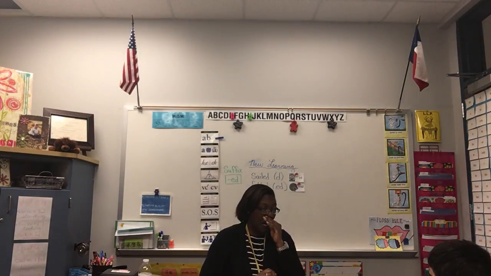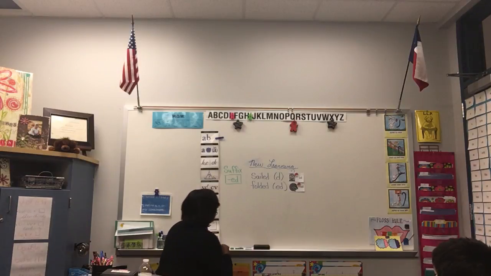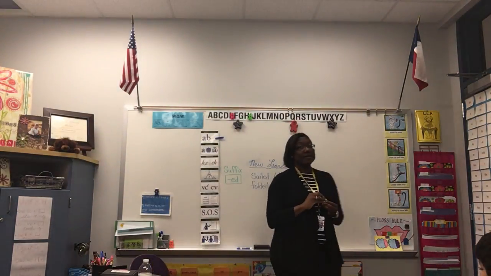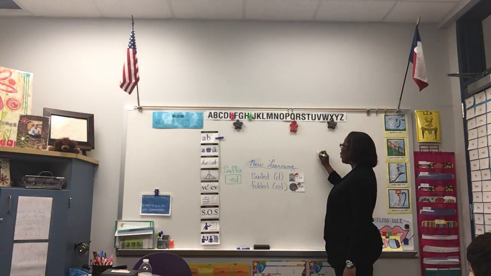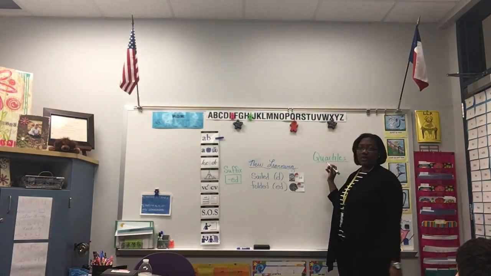Very good. All right. Now let's move on to a little practice with some dictionary skills. So we know our little mnemonic for our quartiles, right? Let's say our mnemonic for our quartiles.